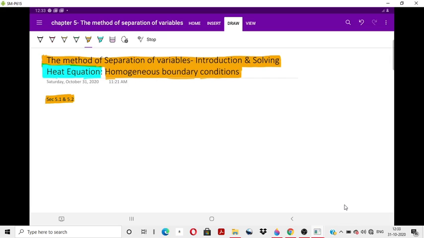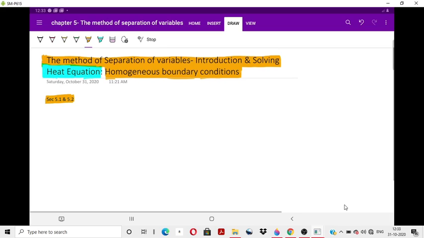This chapter mainly discusses the method of separation of variables and solving the heat equation with this method. Finding the solution for the heat equation in the homogeneous and non-homogeneous case with the homogeneous boundary conditions using the method of separation of variables.